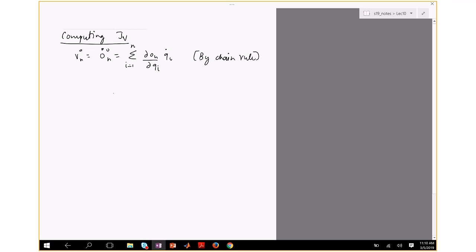When you expand this out, you get the partial of o_n with respect to q1, with respect to q2, and so on till with respect to qn. Then you have q1 dot, q2 dot, so on till qn dot.